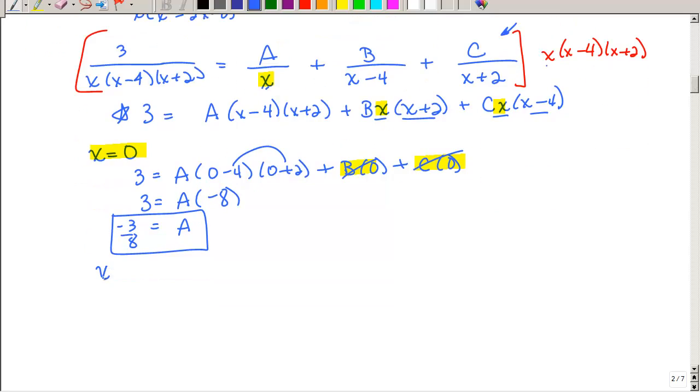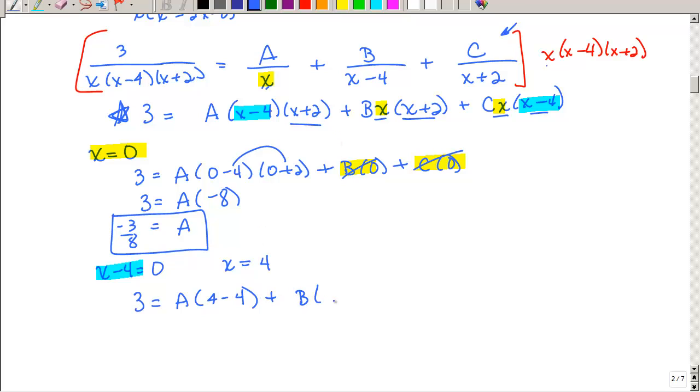Now I'm going to let x minus 4 equal to 0, or x is equal to 4. And again, coming back up here, so I have 3 equals a times 4 minus 4. I know that's 0. Because since I'm using my x minus 4, everywhere there is an x minus 4, that's going to be 0. So it really doesn't matter about the x plus 2.